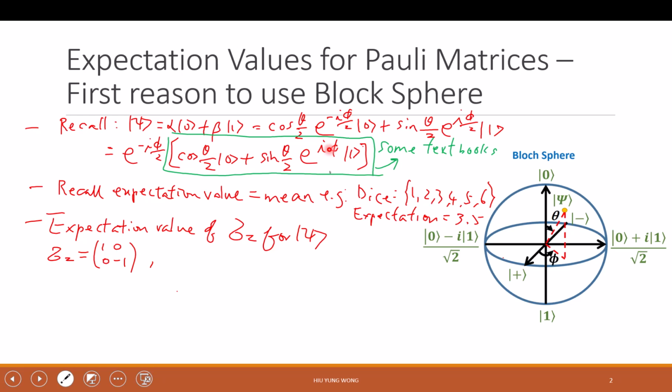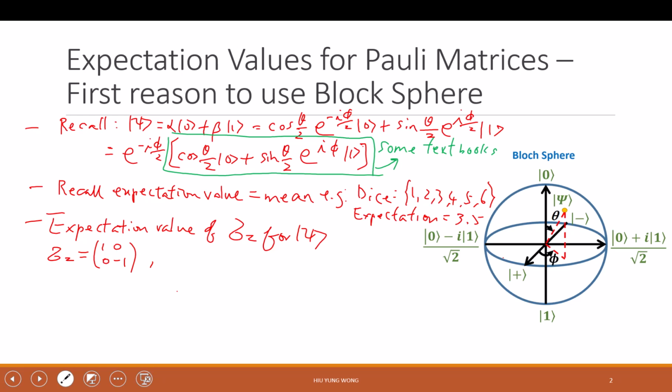What is the expectation value? You see what I mean? Let's say it has half probability of going to up, and half the chance of going to down. Then the expectation value is what? 0, right? Because you have half 1 and half -1.